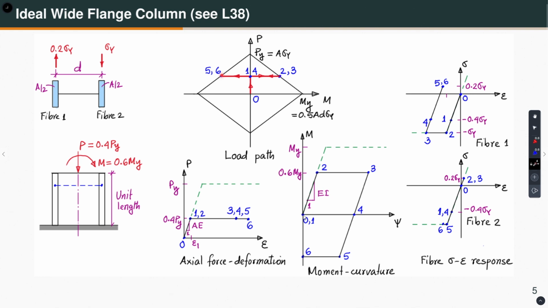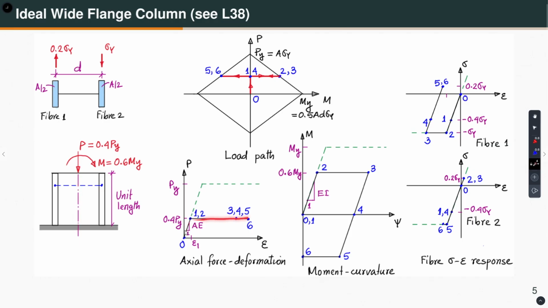So, the resulting moment versus curvature relationship was like this. And in the force versus axial deformation, that means the axial strain measured at the reference axis, is something like this.